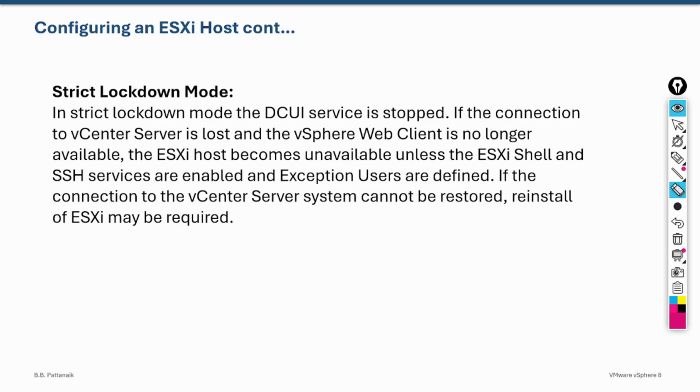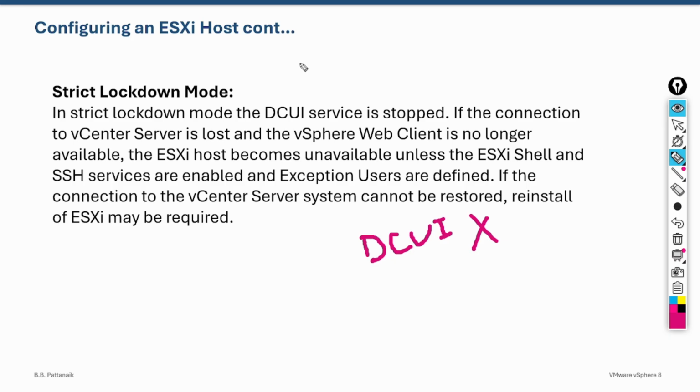Strict lockdown mode is an advanced security feature in vSphere environment. When strict lockdown mode is enabled, DCUI is not available. Now an administrator should not directly manage an ESXi host from its console.